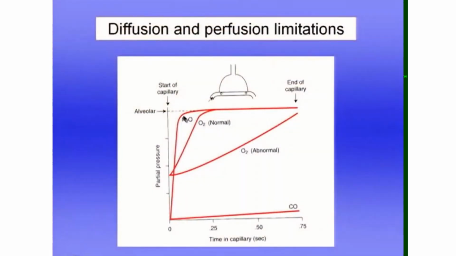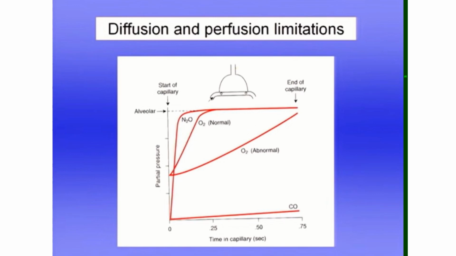And the net result is that the partial pressure rises so fast that within about 1/10 of the time available in the capillary, the partial pressure of nitrous oxide is essentially equal to the alveolar value. And during the rest of the capillary, the partial pressure of nitrous oxide doesn't increase anymore at all.